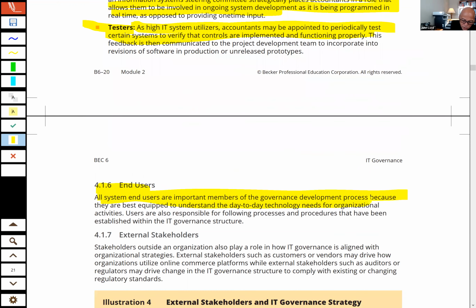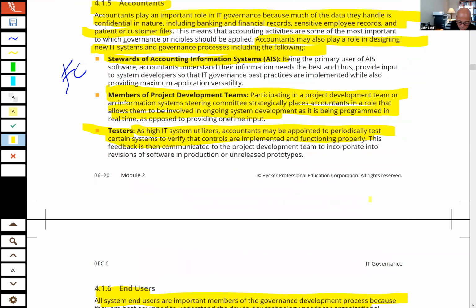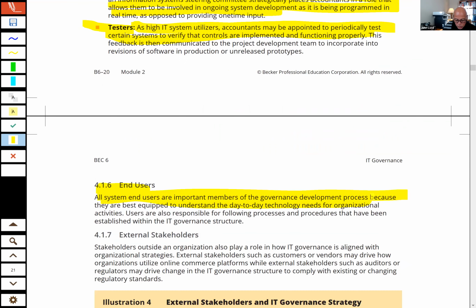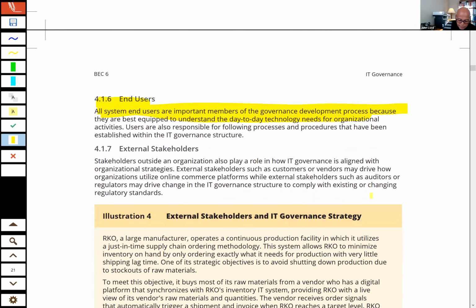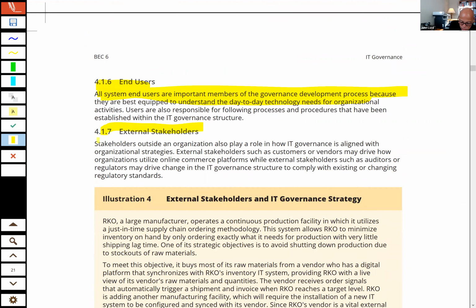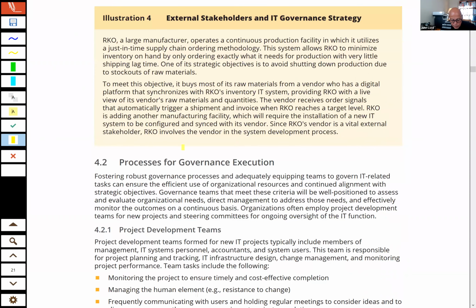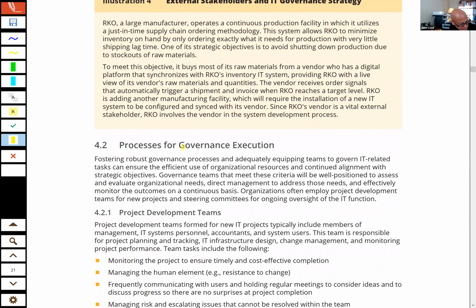So these are key areas that you would expect from accounting, and also end users. And then there could be external stakeholders, those outside the organization that would be affected by some of the changes we're making.